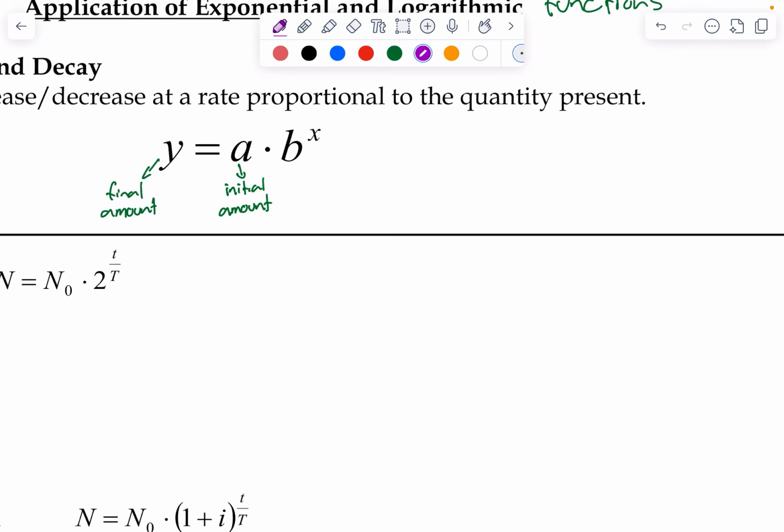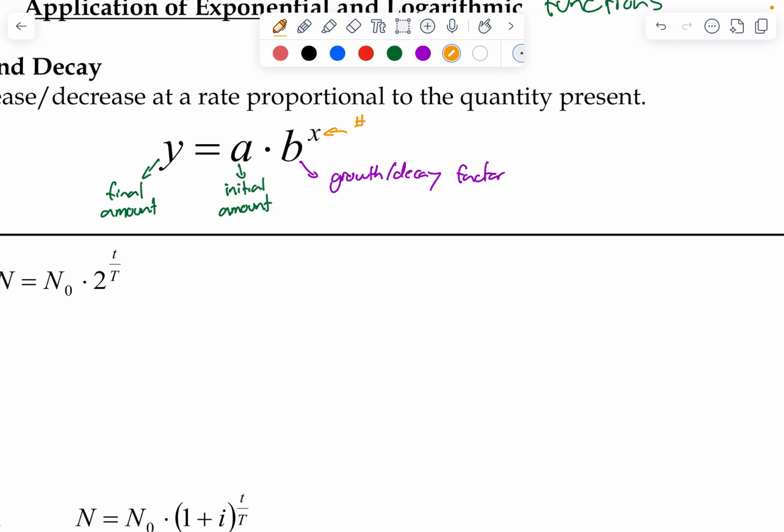And as I just said, the B is the factor. Like, is it doubling? Is it halving? Is it tripling? So this is your growth factor. Growth, or I should say decay factor. Because it could be like halving, right? Decaying. And then the X up top here. This is just how many times this factor is applied. So this is how many times are you applying a double or a half.